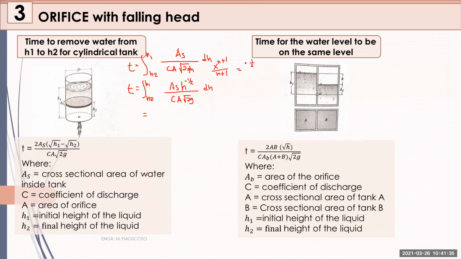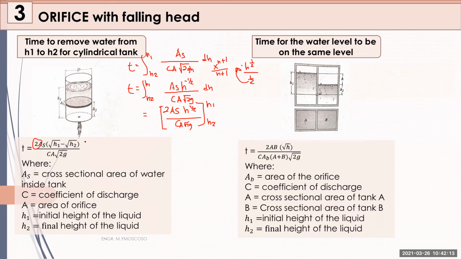So you have positive 1/2 H is equal to positive 1/2 divided by 1/2. So yung 2 itaas natin, that is why meron kayong nakikitang 2 dito. No? Itataas lang natin siya. So you will have 2AS positive of H to the 1/2 divided by CA square root of 2G times your lower limit and upper limit, that is H1 and H2. That is why you have a formula of 2AS square root of H1 minus square root of H2 divided by your CA square root of 2G. Now, nasolve lang siya using your integral calculus.